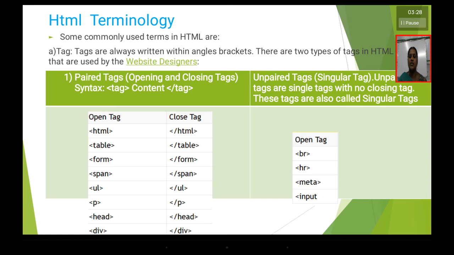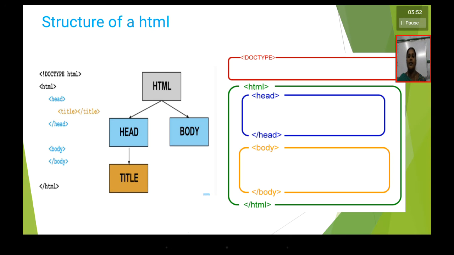HTML, table, form, unordered list, ordered list, paragraph, heading, all those are opening and closing tags. Some tags need not be closed. That is called unpaired tags. That is break, horizontal rule. These are some unpaired tags.